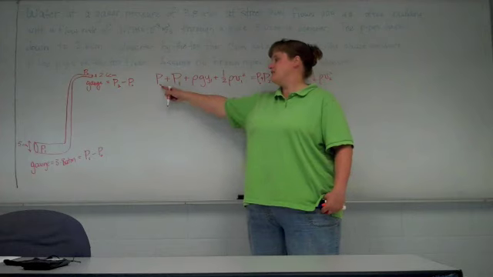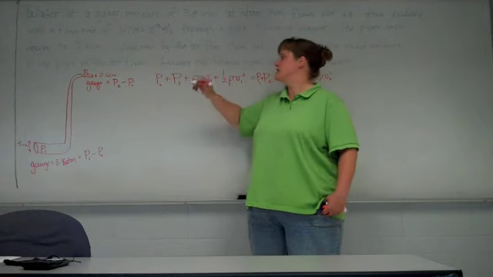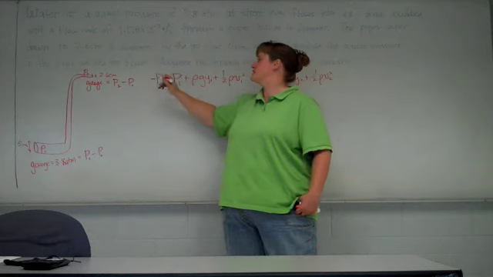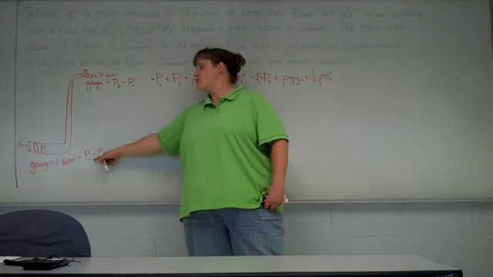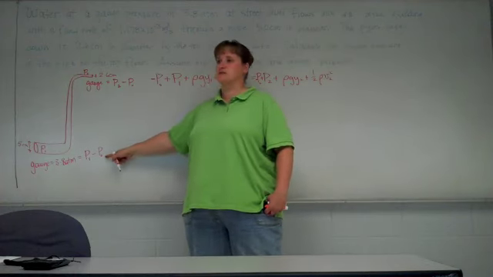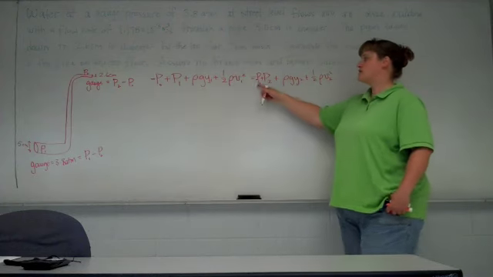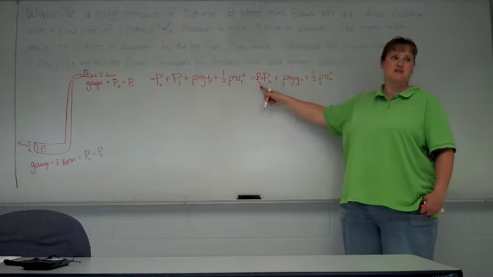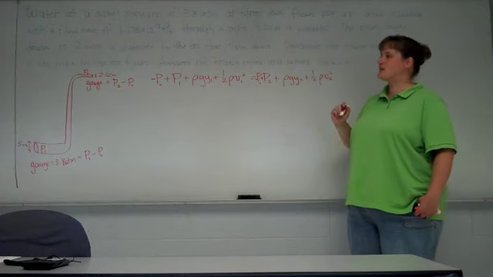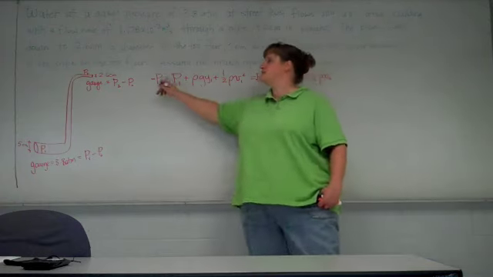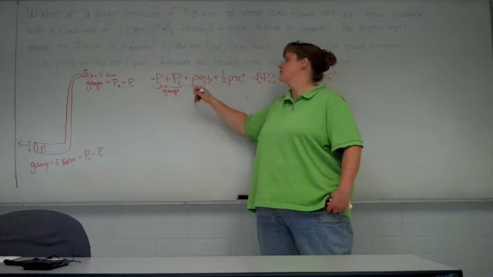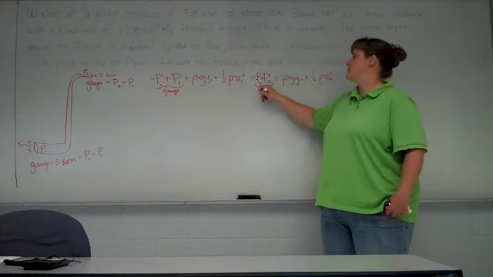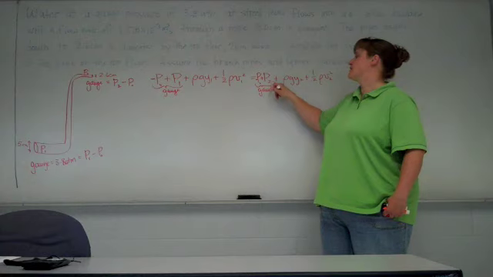Actually, how about we subtract P naught? Because P1 minus P naught is the gauge pressure, and P2 minus P naught is the gauge pressure. So if we subtract P naught from both sides, these now will be gauge, so we can just use our gauge values.